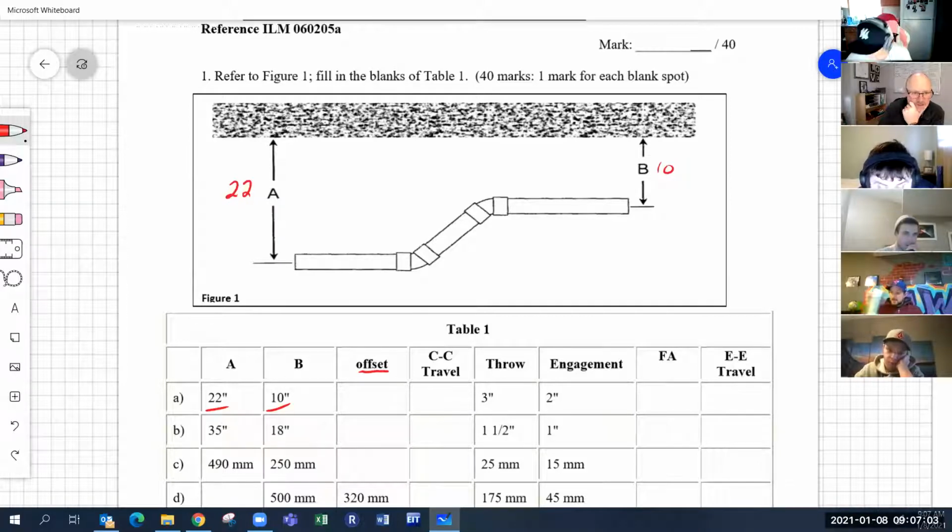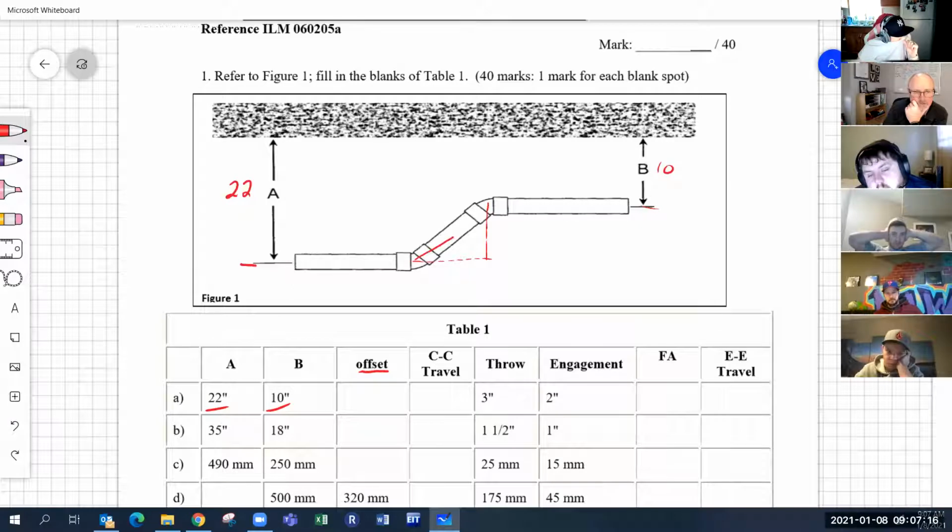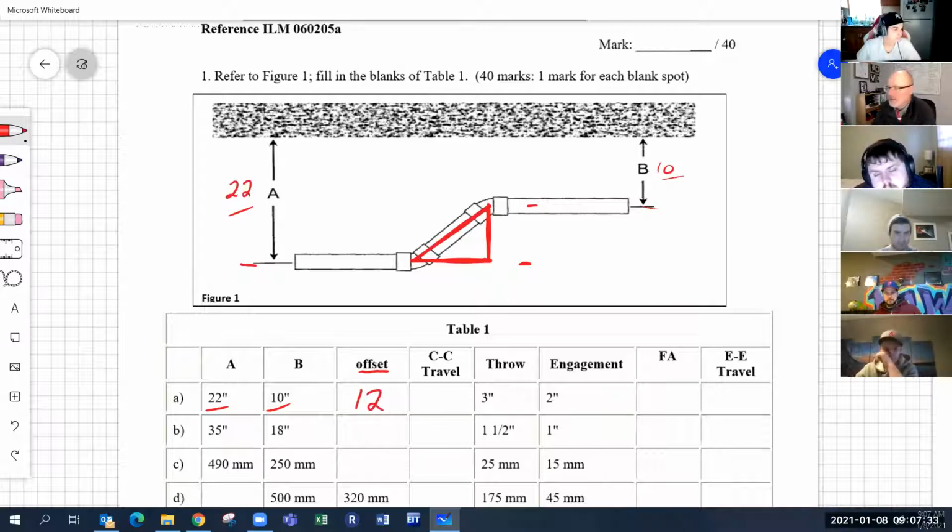So listen, the offset is measured how much the pipe is offset. So if I draw a right angle triangle right here, this measurement from here to here is the offset or the set, is it not? I think I told you that before. So 22 minus 10 gives me my offset of 12.